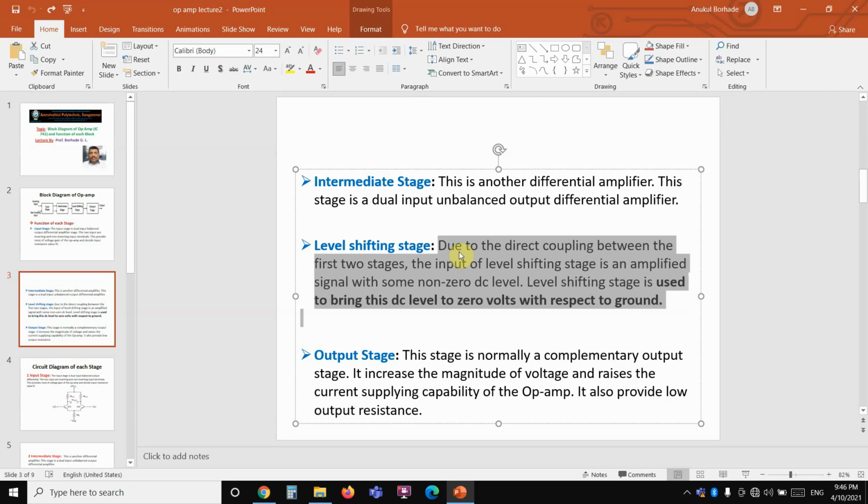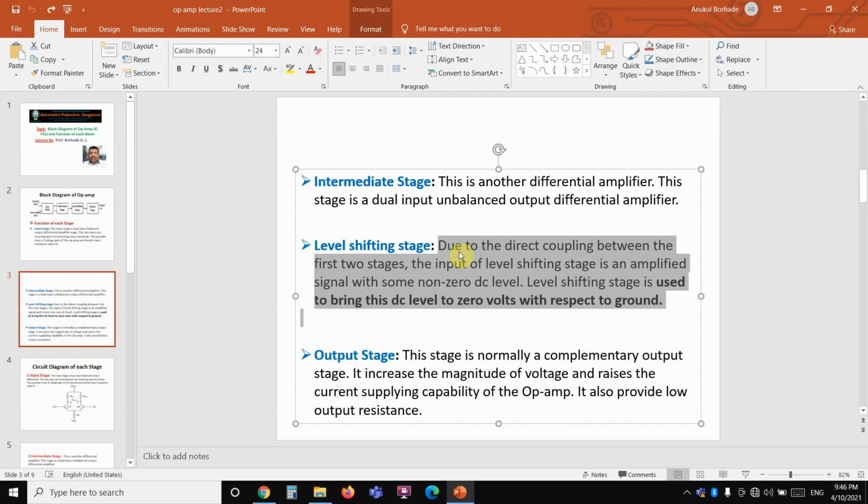What is the function of a capacitor? A capacitor always passes the AC signal and blocks the DC signal. But here there is no coupling element. Due to that, the input of the level shifting stage has AC as well as DC signal.